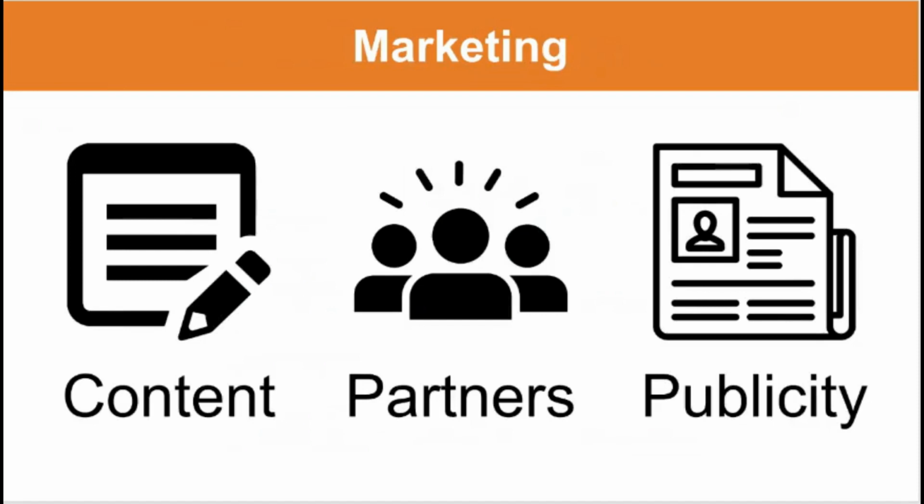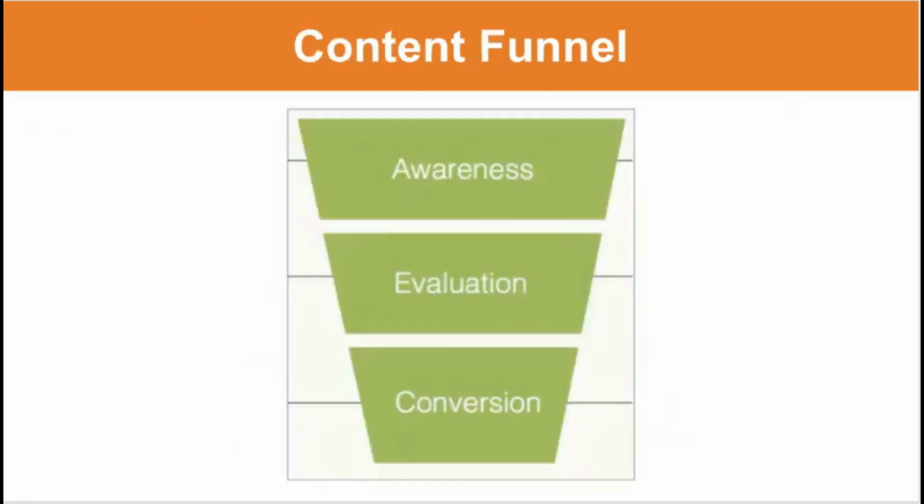So with content, you have your content funnel, which helps drive traffic in. The first part is awareness, evaluation, and then conversion. These map onto those parts of the client journey, but they're just focused on content. So the top of the funnel, or TOFU, is your blogs, your social media, and things like that.